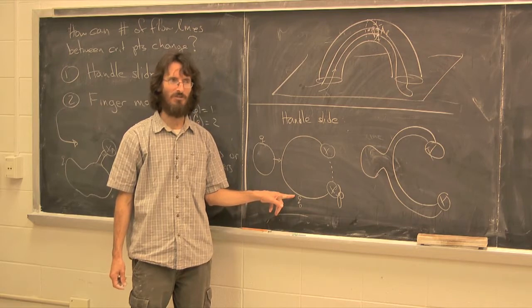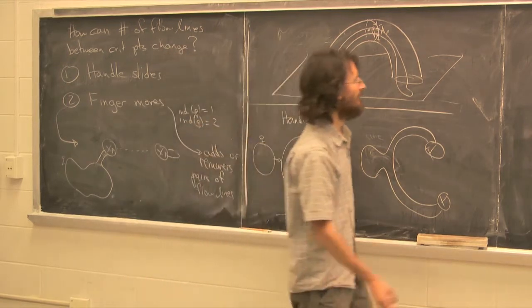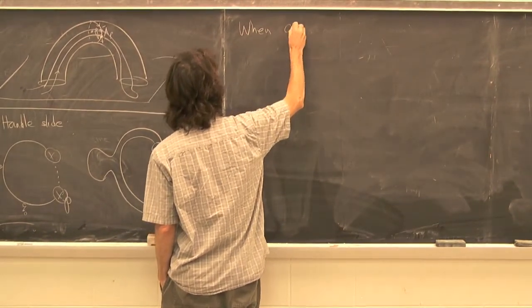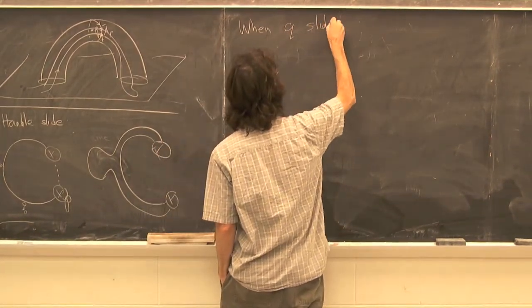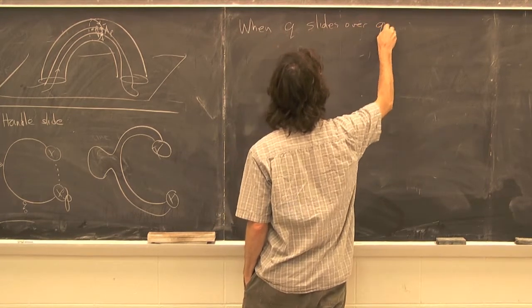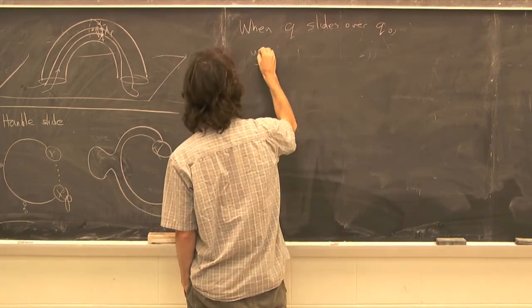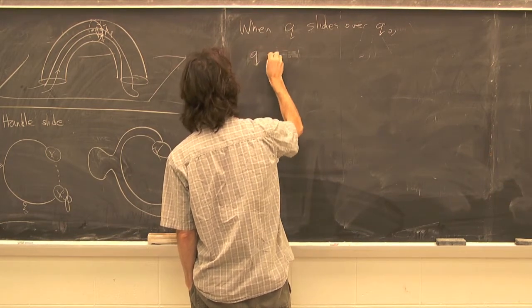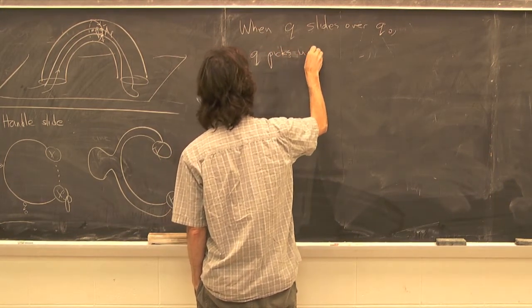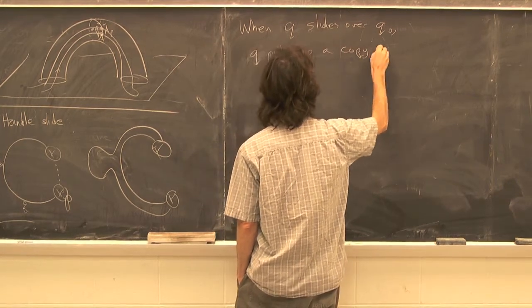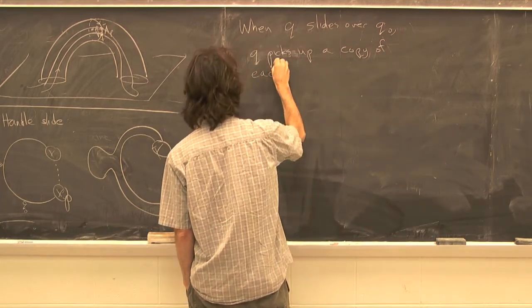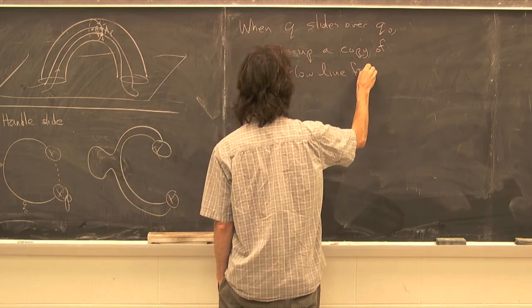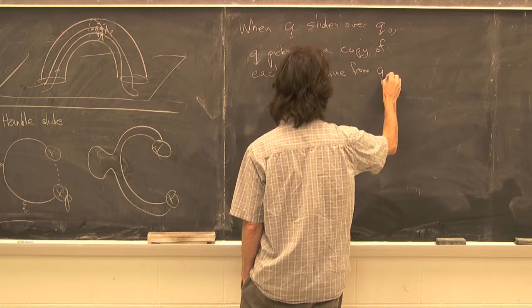So the upshot is that, we'll be a little more careful about this later, when Q slides over Q0, Q picks up a copy of each flow line from Q0.